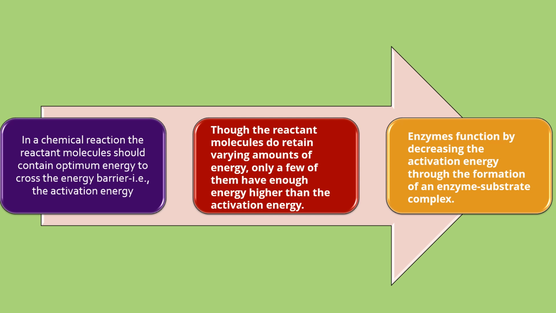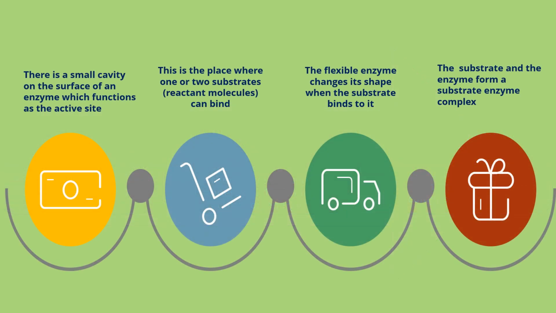Enzymes function by decreasing the activation energy through the formation of what is called an enzyme substrate complex. Also, it is to be noted that there is a small cavity on the surface of the enzyme which functions as the enzyme or the active site. This is the place where one or two substrates, that is the reactant molecules A and B, or A alone or B alone or A plus B, can bind.